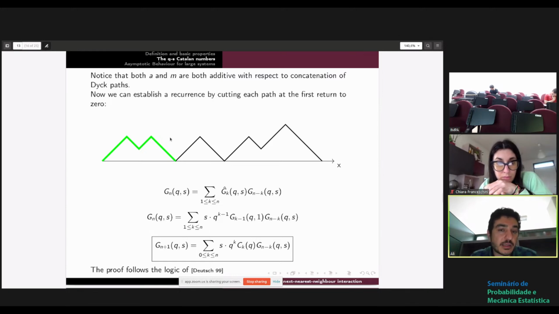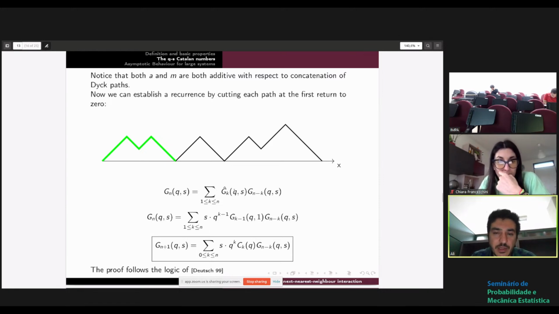If you fix k, you have a Cartesian product of the set of elevated dig paths on the left and normal dig paths on the right, and then if you translate this Cartesian product into a normal product through the previous relation, you get this recurrence relation.